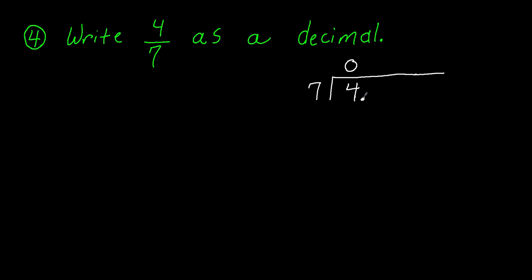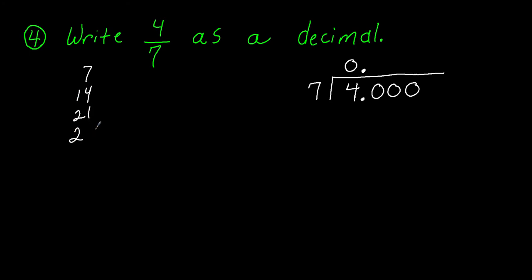So what I should have done before is bring up this decimal point here, and then add 3 zeros. I'll go out to 3 places, though you could go out to as many places as you want. Let's start the process. I'll put my 7 here, and I'll just count by 7. So 14, 21.